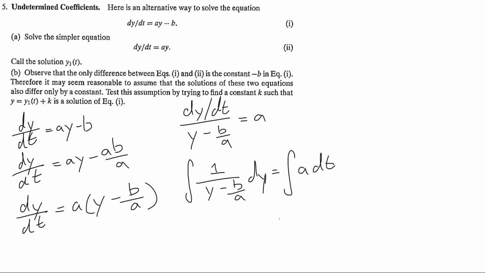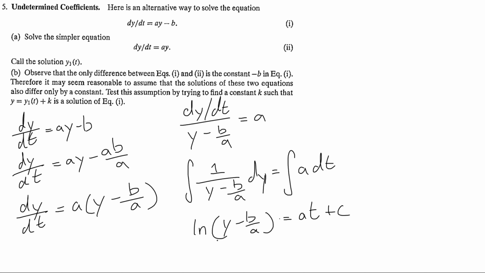So once we set this up and we get our answer, 1 over anything, the integral of it is just going to be a log. So natural log of y minus b over a is equal to a times t plus an arbitrary constant c.